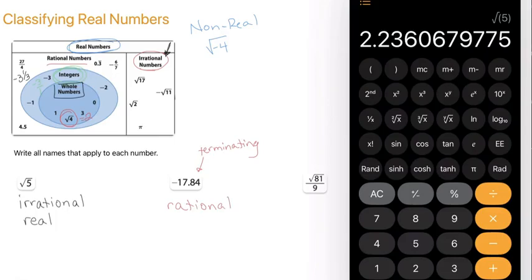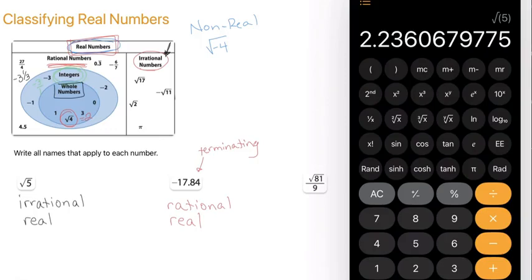And anytime you have a rational number, like we do here, the rational number is also underneath the category of real numbers. So that means it's rational and real. Hopefully you're figuring out that if a number is rational, irrational, integer, or whole, it is also going to be real. All of these are going to be real numbers.